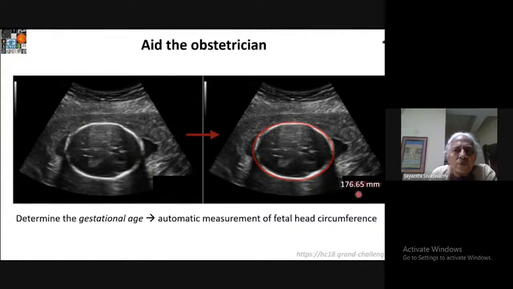You can see it's an ellipse. So I first detect it, then I fit an ellipse to it, and then calculate the total number of pixels lying on the ellipse, and that I convert to millimeters. So this is one example.